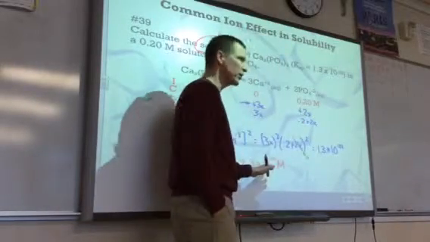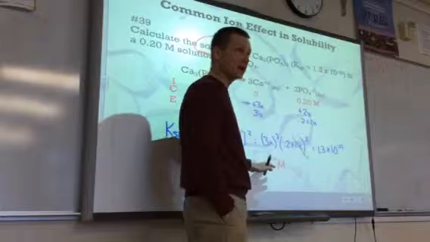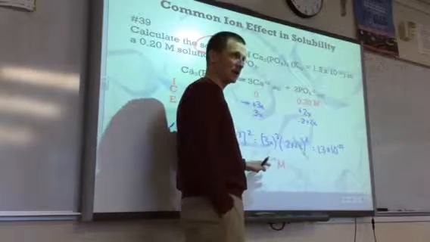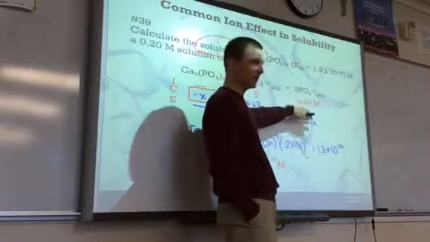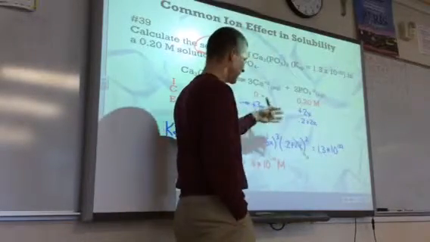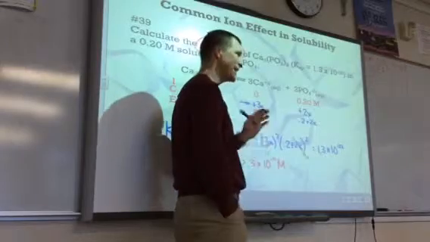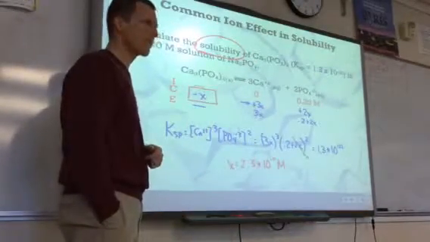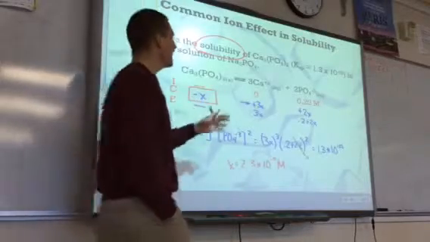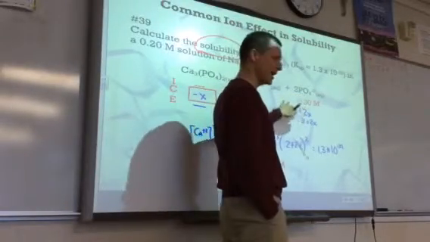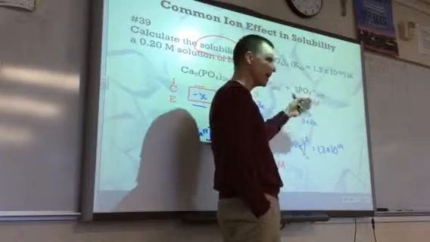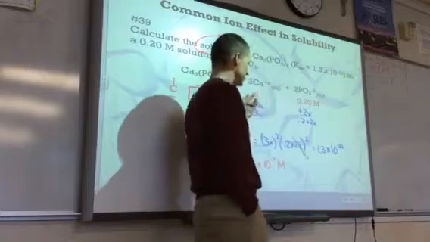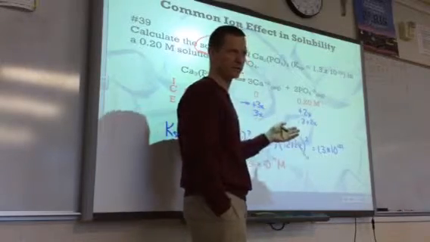This number would be several powers of 10 higher. Like, it would be 10,000 times higher if it didn't already have phosphate present. But the phosphate presence does mean that it shifts to the right not as much. That's what happens with the common ion effect. Anytime you already have one of your ions present that something is trying to react and make, then it's not going to go as far to the right because it will get to equilibrium sooner.